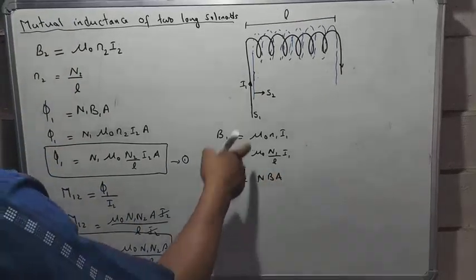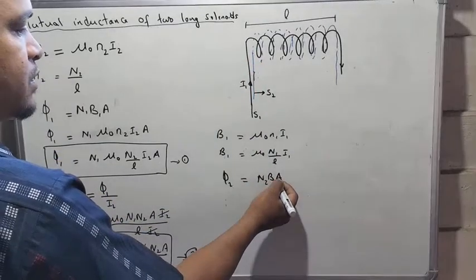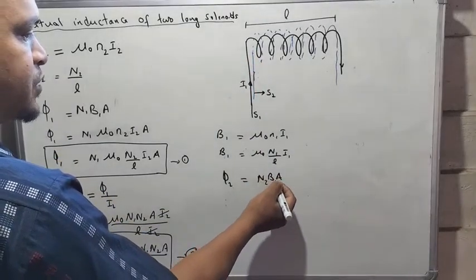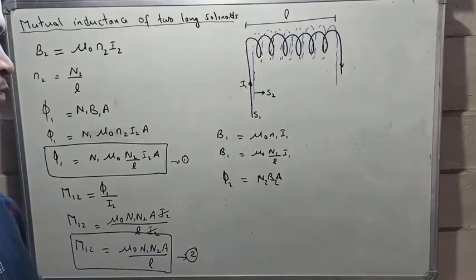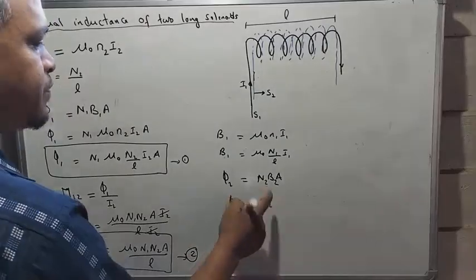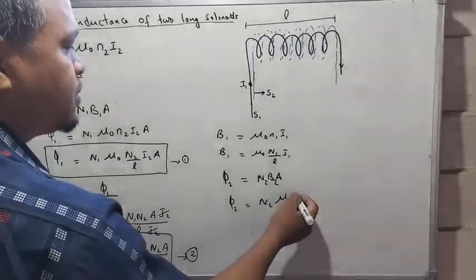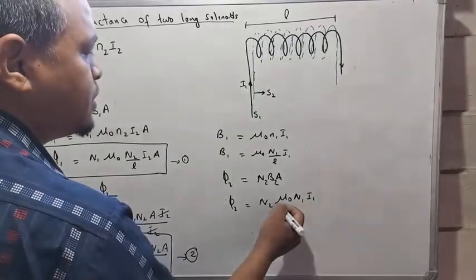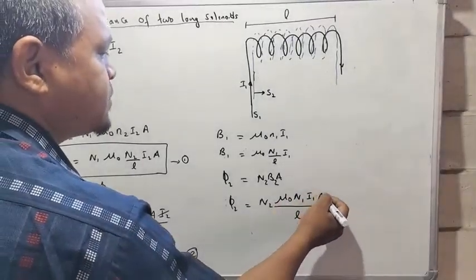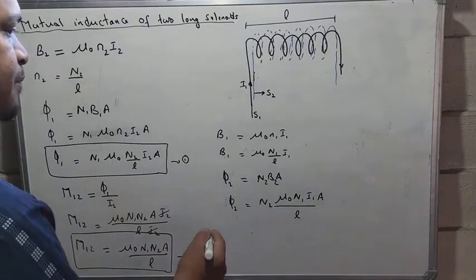But the number of turns we are considering for the second solenoid is N2, and the magnetic field is B2. So phi 2 is equal to N2 times B2, which is the same as B1, so you can write mu naught N1 I1 upon L times A.